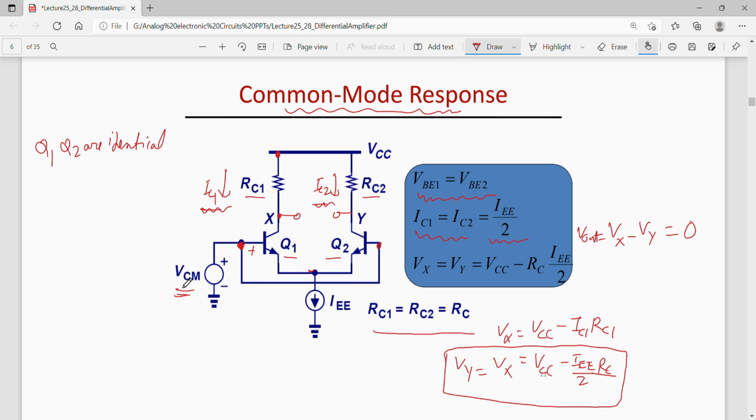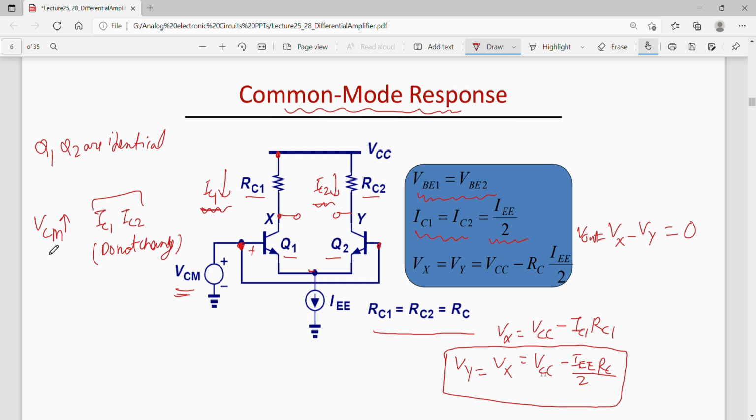In fact, we have a limitation on this input. Since the collector currents are set by this tail current, even if VCM goes up, the collector current should not change. IC1 and IC2 do not change. So VCM can increase and it will have no effect on the two collector currents.